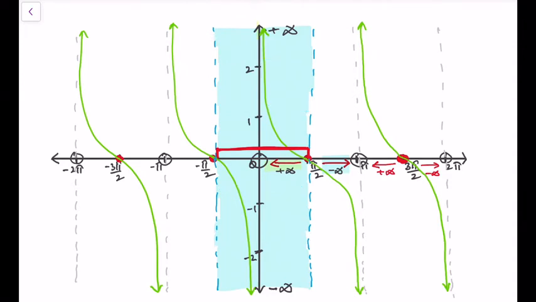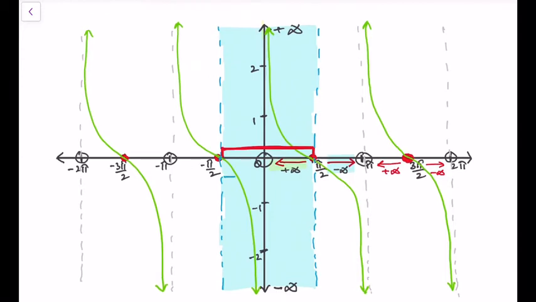So we can say that the reduced domain is from minus pi by 2 to 0, and then from 0 to pi by 2, because 0 is not included, because at 0 we have an asymptote and this function is not defined at 0.